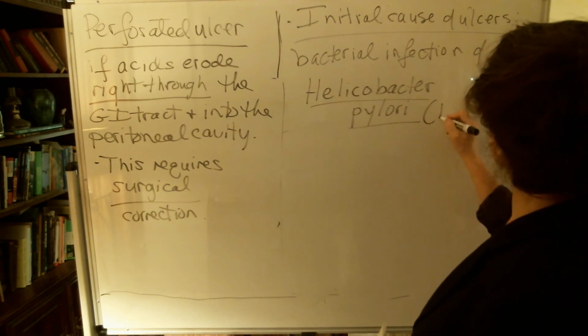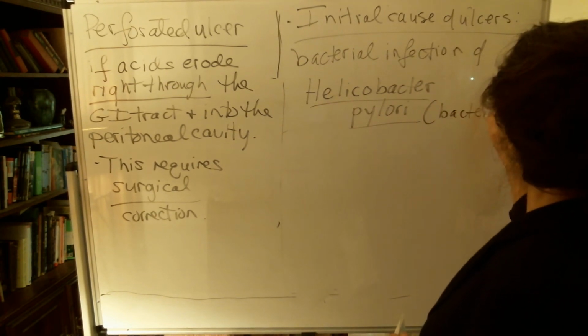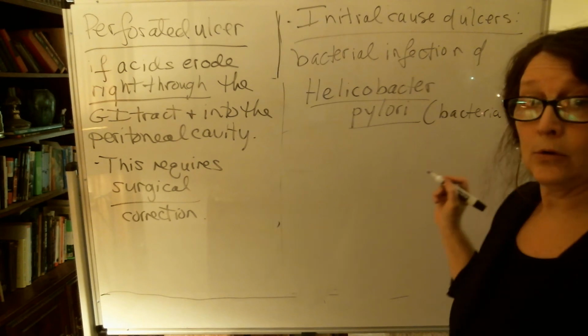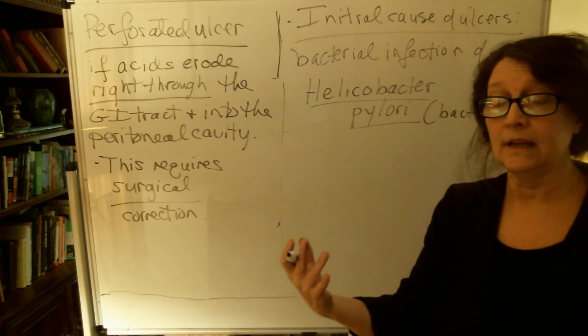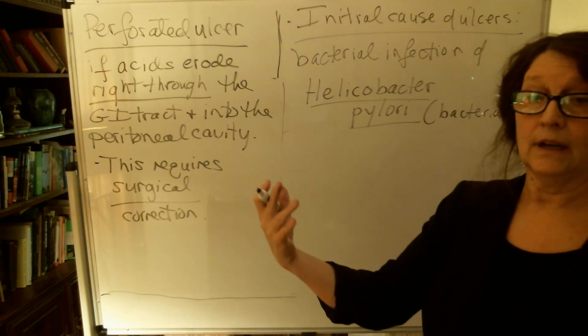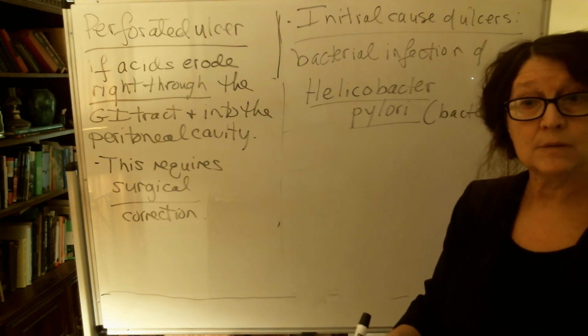So this is a bacteria. That's how it all gets started. As I said, once it's started, the acids also work their way in there. It hurts. You can get further problems. I hope this is making sense.